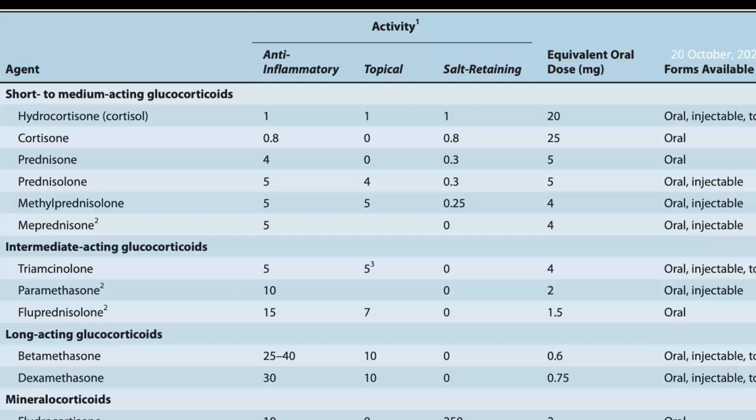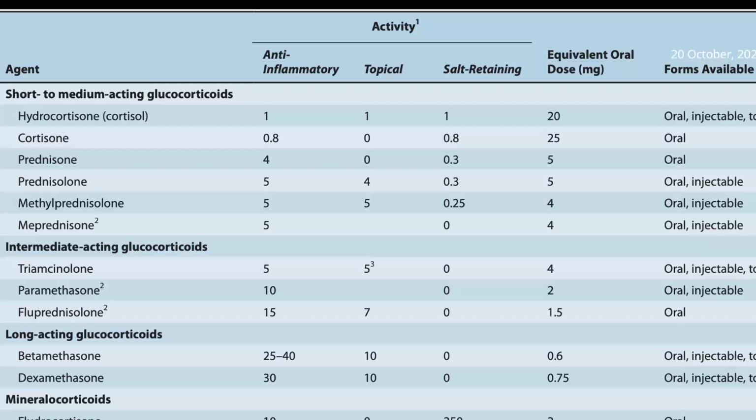All these products are available in our market, but also there is meprednisone. Meprednisone is not available in our market. Intermediate acting glucocorticoid like triamcinolone, and it is available in our market. Long acting like dexamethasone and betamethasone.